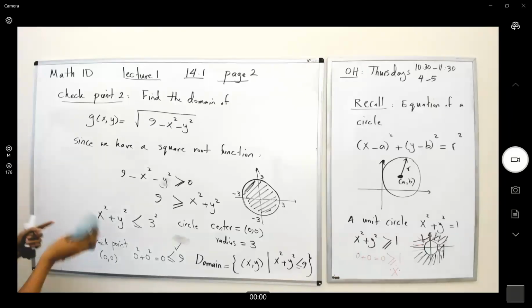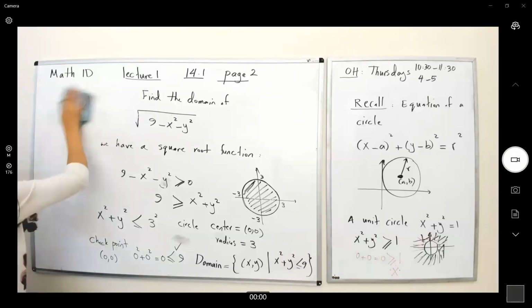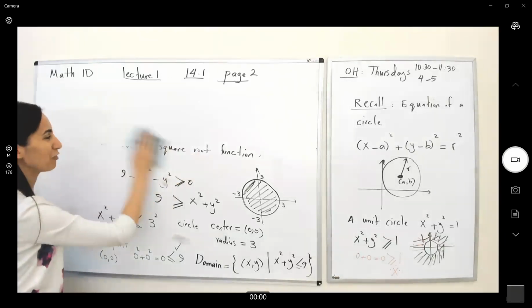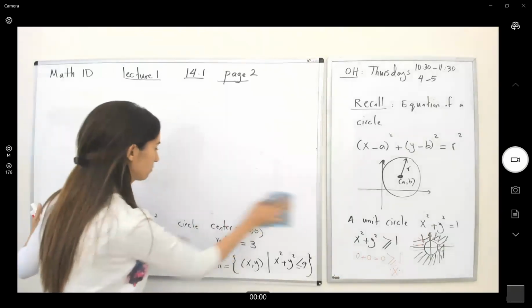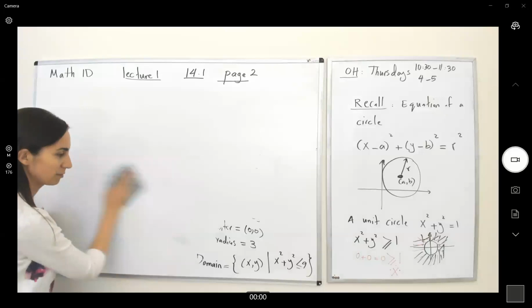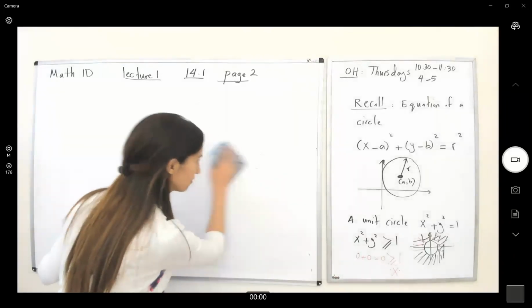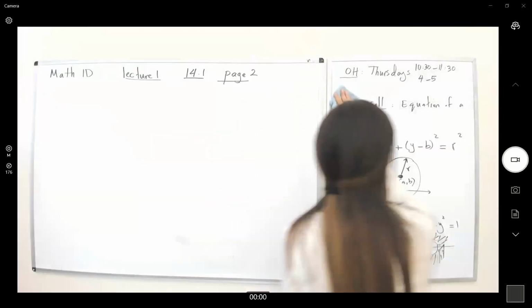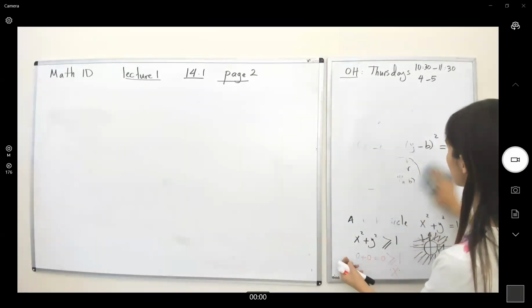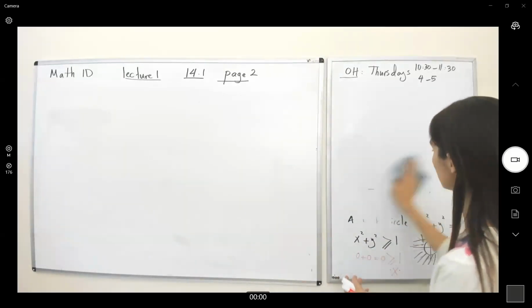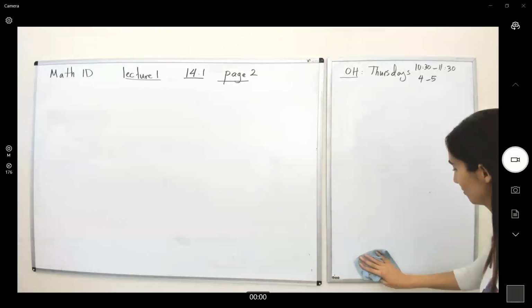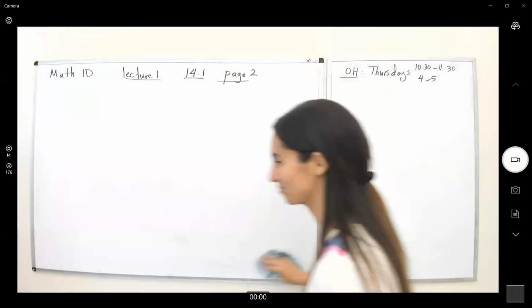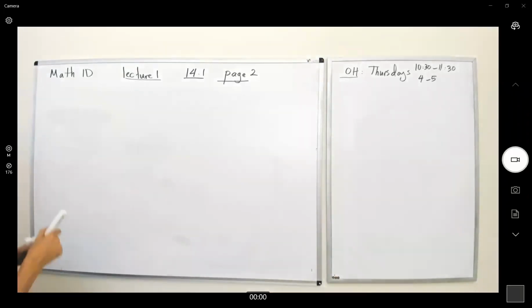Okay, on page 3, we have the definition of the graph of a function. Very well.